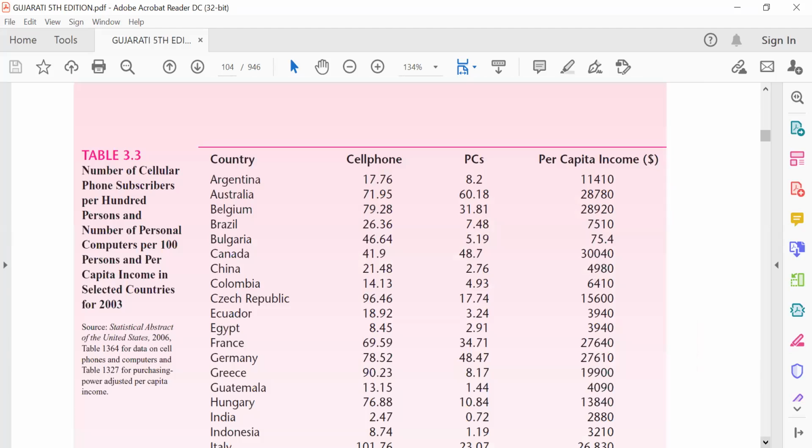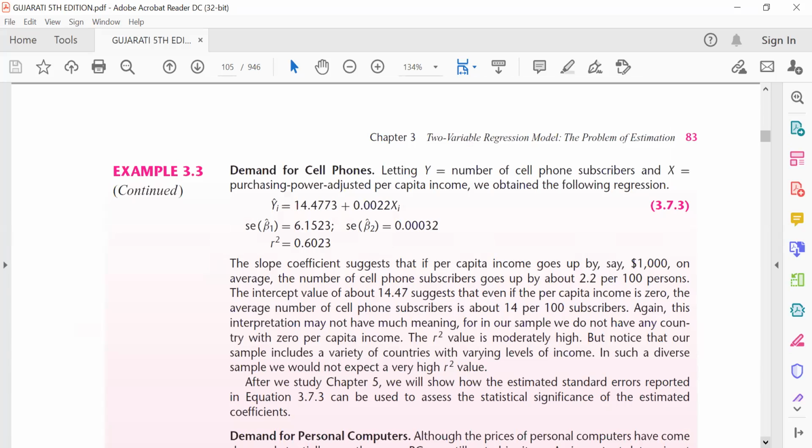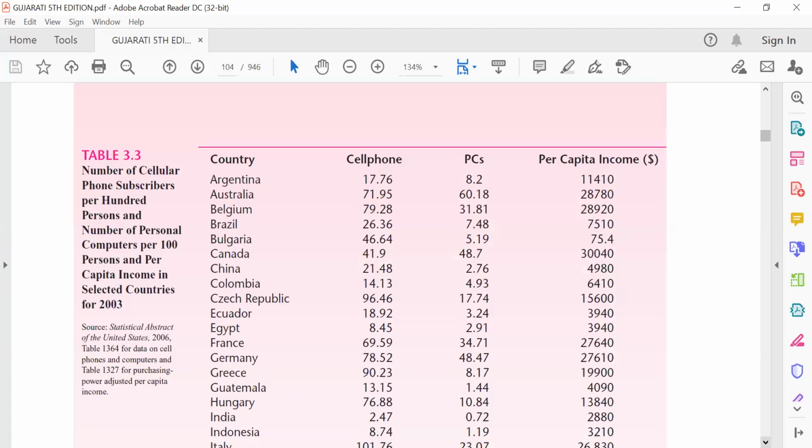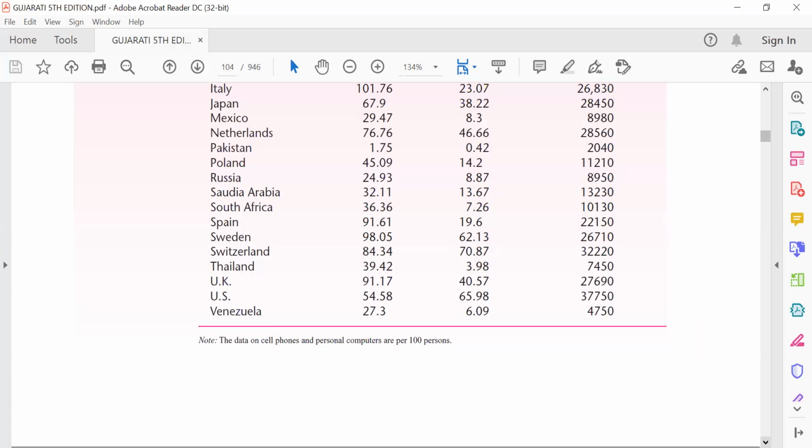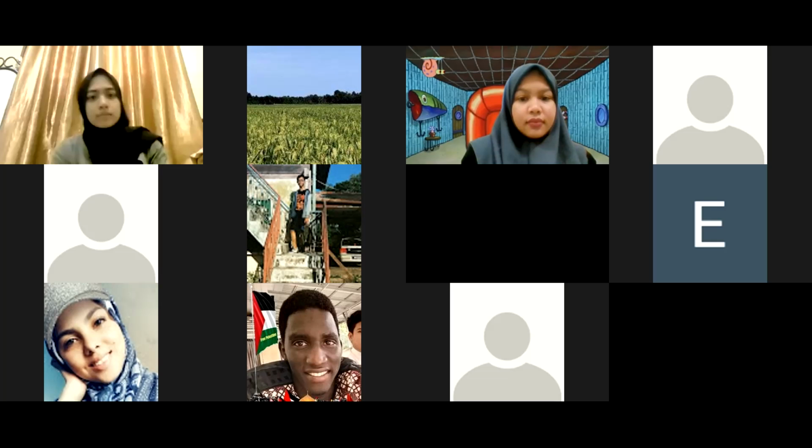Okay, this one table 3.3. Please find it yourself. This is demand for cell phones. Okay, use table 3.3 to calculate the estimated results. Okay, this is your assignment for today. If you have no questions, I will stop this class. I'm waiting for the answer to this question.